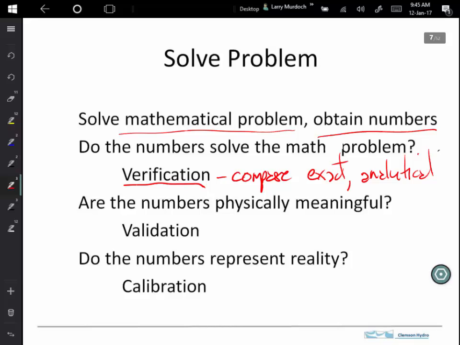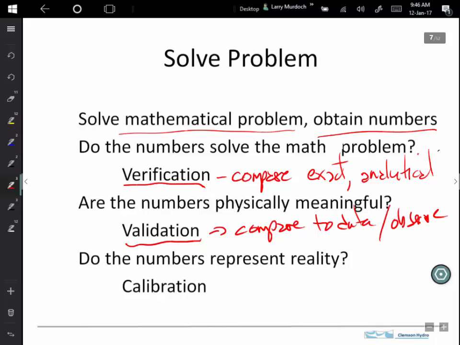And the other thing is going to be, well, are these numbers really physically meaningful? We can get some results, but do they really reflect what happens out there in nature? So this is called validation, and we'll validate results by comparing to data or some kind of observations.